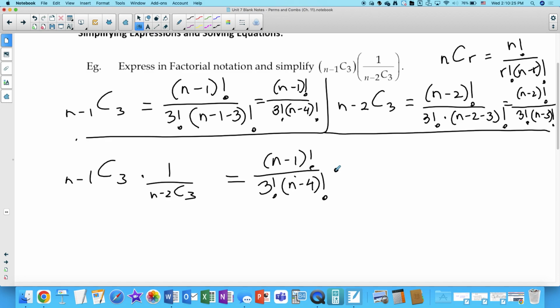So the reciprocal of the second one means I have to flip this: 3 factorial times n minus 5 factorial over n minus 2 factorial.